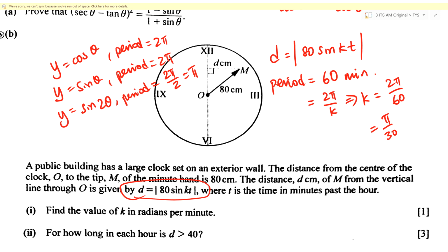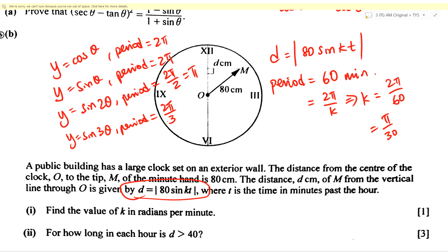The other is by using the expression, we are using the coefficient of the angle in our trigo ratio to determine the period. So I give you one more example. When y equals sine 3 theta, the period is 2 pi over 3. So we are using that relationship over here. We get 2 pi over k. Equating them together, pi over 30, that is our value for k.